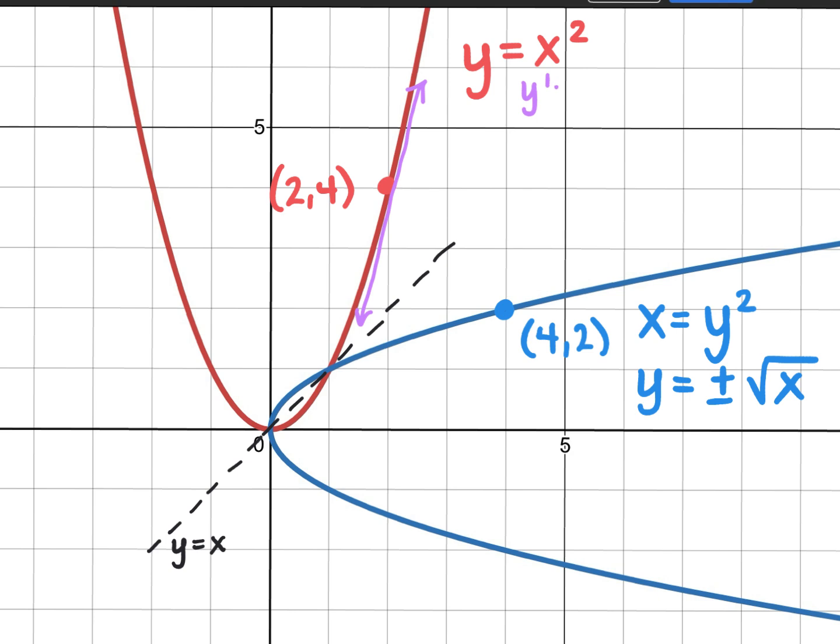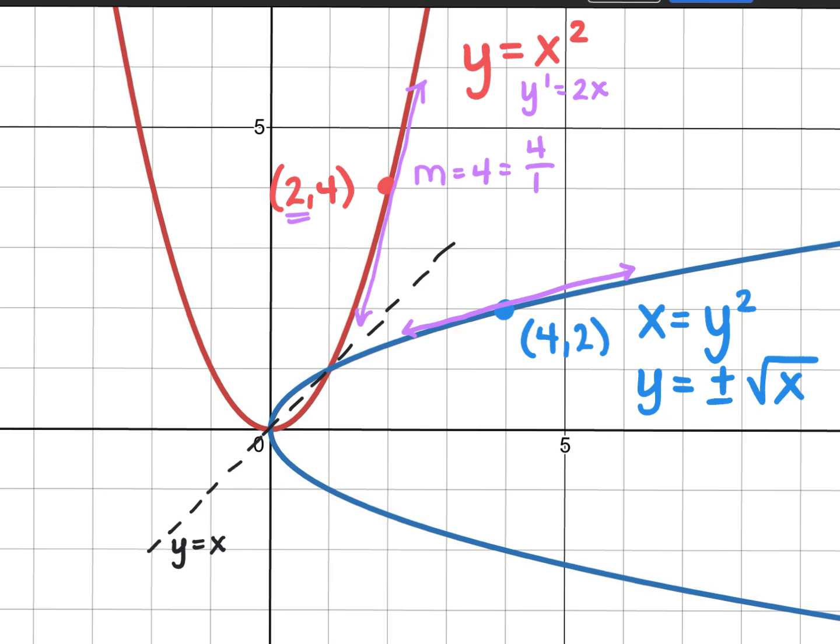So the derivative would be 2x, which means when x equals 2, my slope should be a positive 4. Now, I'm going to write that as a 4 over 1, and you'll see why in just a second. When I go to talk about this derivative, I want you to notice what this slope looks like.